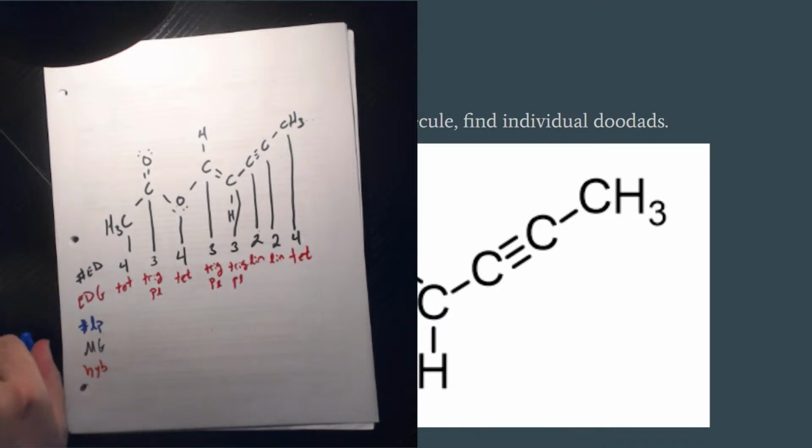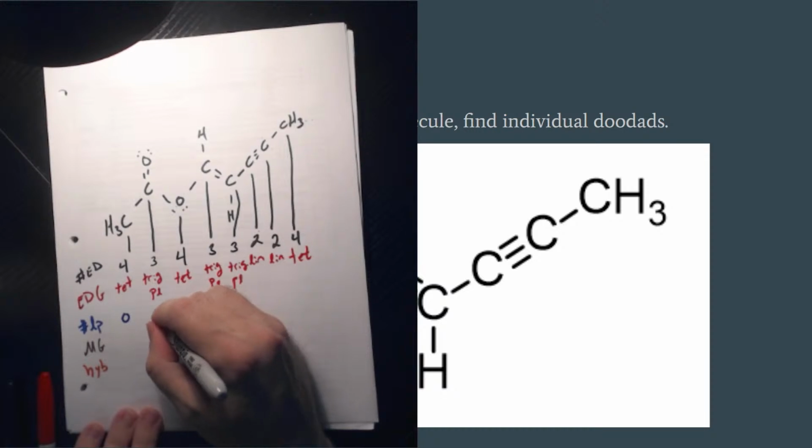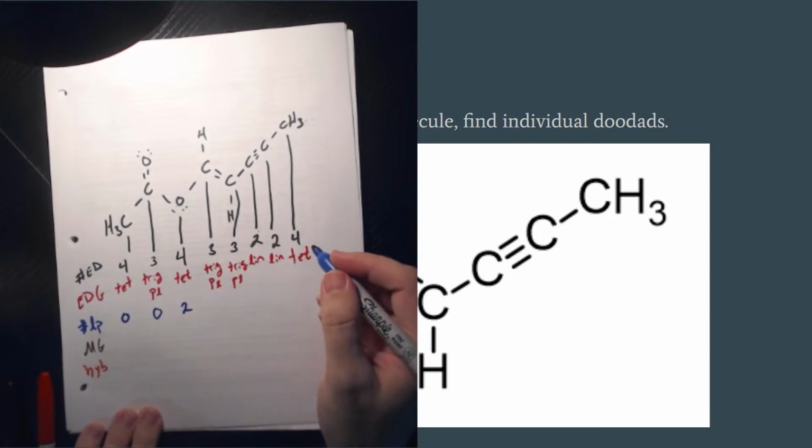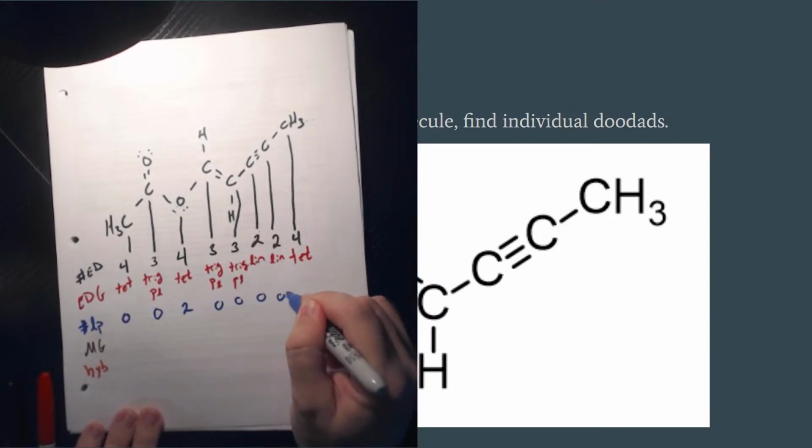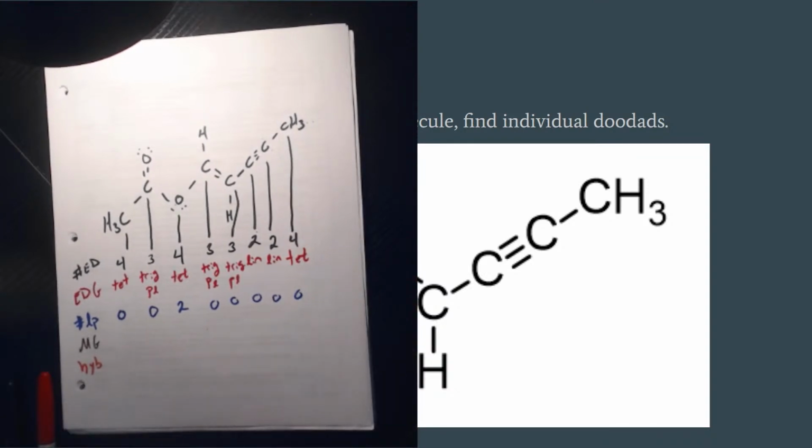For the number of lone pairs, it's rather straightforward: 0, 0, 2, 0, 0, 0, 0, 0. So the molecular geometries for most of these are going to be exactly the same as the electron domain geometries. Carbon really doesn't like to have lone pairs.